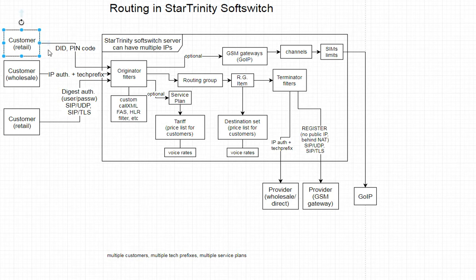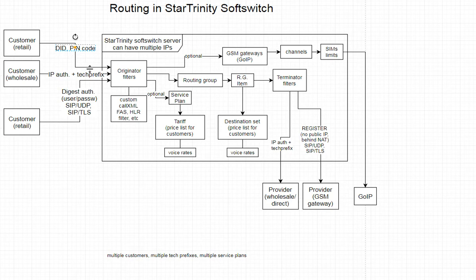The call can come from a VoIP retail customer. The customer can dial a DID number. For example, an immigrant in Canada can dial a local DID number without any VoIP application on a mobile phone, and enter his PIN code.